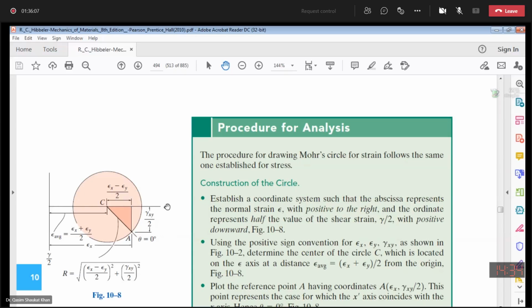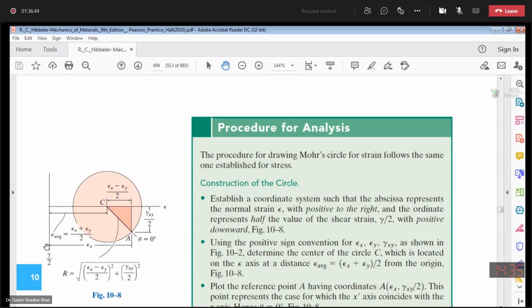So normal strains on the positive side will be positive, and normal strains on the negative side will be negative. The vertical axis, or the ordinate, represents half the value of the shear strain, gamma by 2. And downwards is positive, upwards is negative.